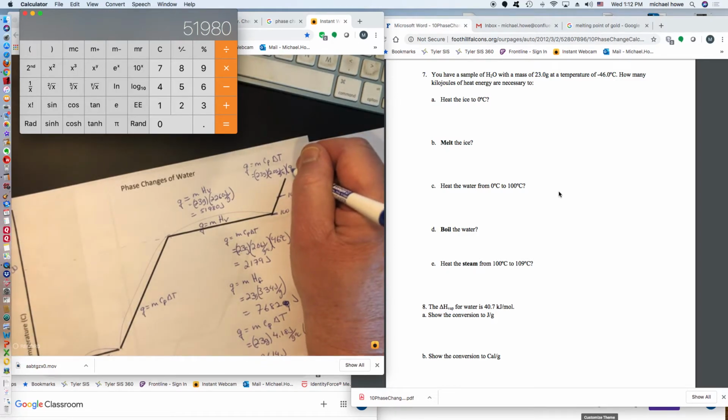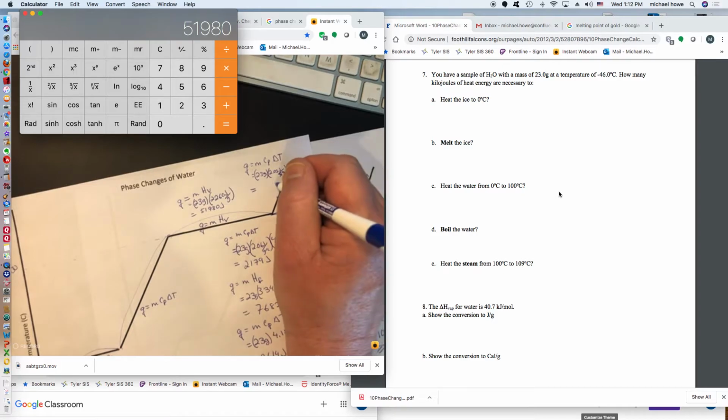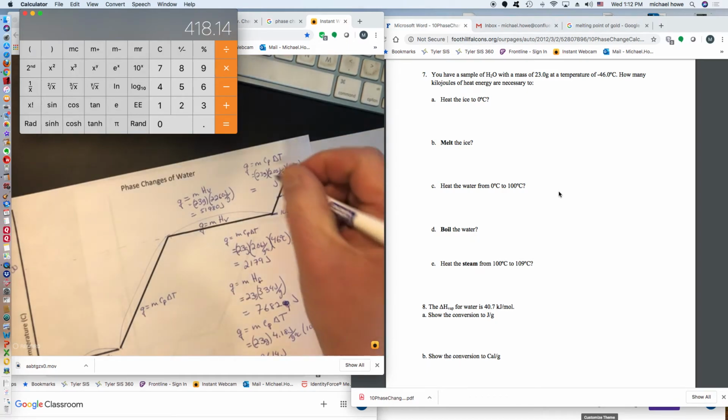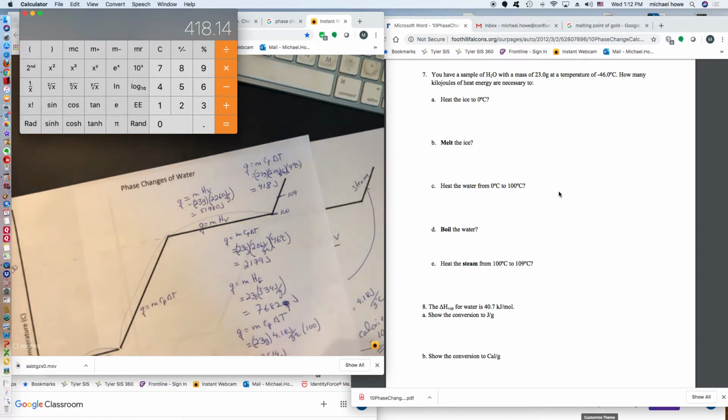So that's a 9-degree change. So grams cancel again. Degrees C cancel. You just end up with joules. You have 23 times 2.02 times 9. And that's 418 joules. Okay, so that answer would be 418.